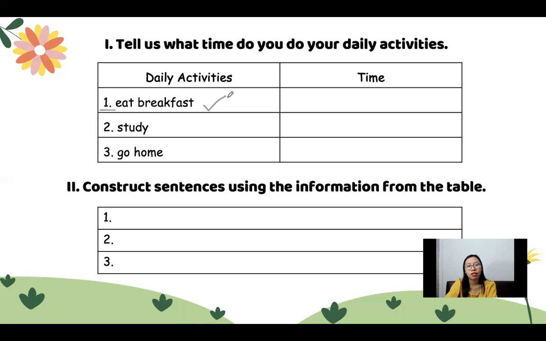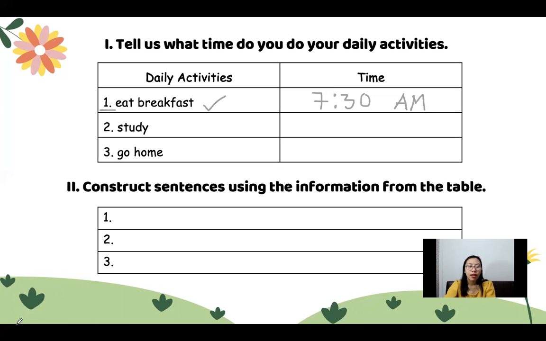What time do you eat breakfast? For example, let's say 7. How do we write 7? 7:30. Breakfast is morning, 7:30 a.m.